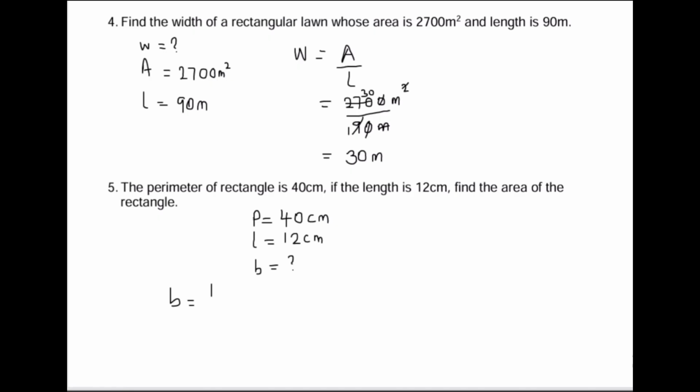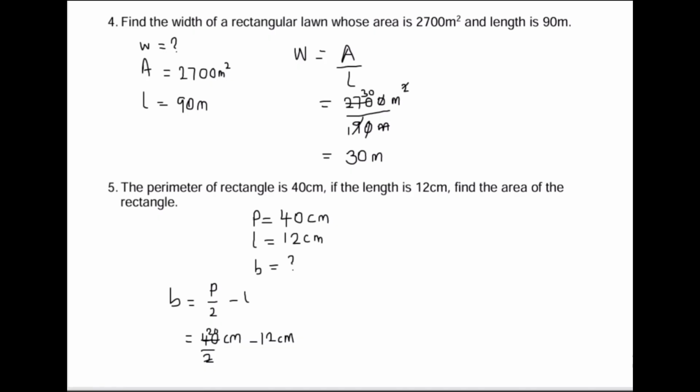So for the breadth, how do I find that? That's breadth equals perimeter divided by 2 minus the length. So what's the perimeter there? We have 40 centimeters divided by 2 minus 12 centimeters. So 40 divided by 2, that's 20.